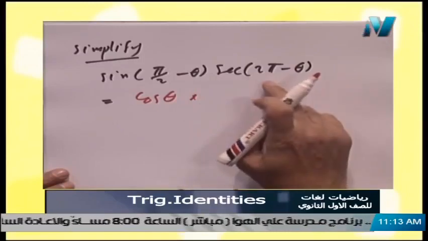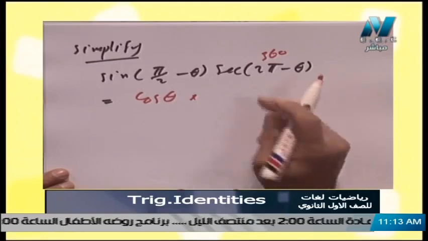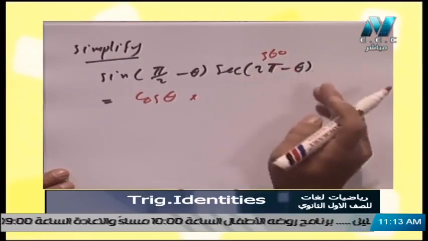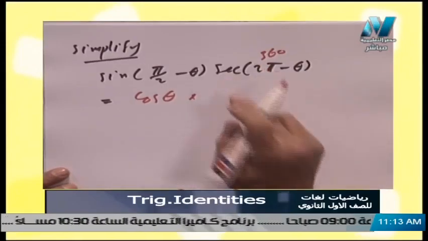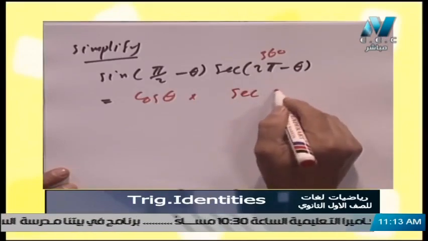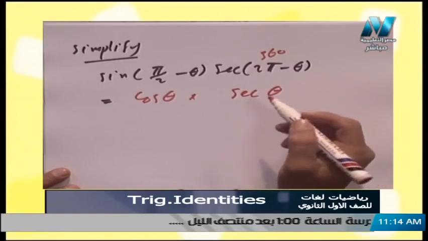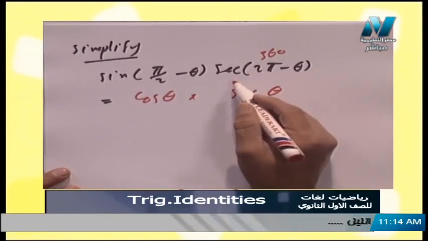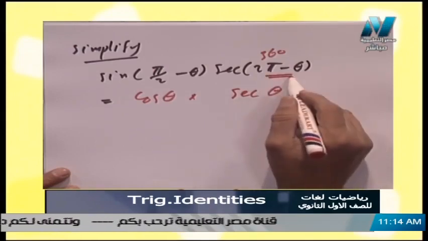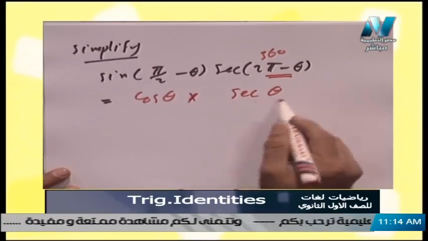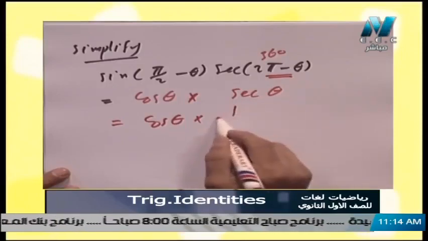For sec of 2 pi minus theta, 2 pi means 360 degrees, and 360 minus an acute angle doesn't change the function, so it's sec theta. Sec is the reciprocal of cosine, and cosine in the fourth quadrant is positive, so it's just sec theta. So cosine theta times sec theta, the reciprocal of cosine itself.